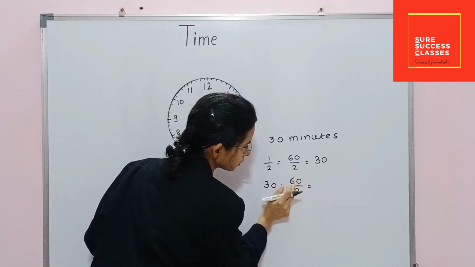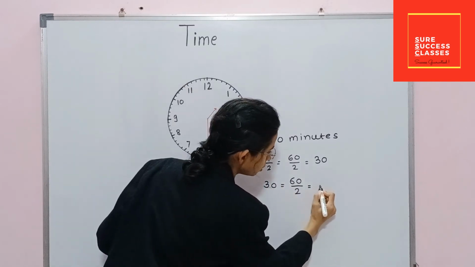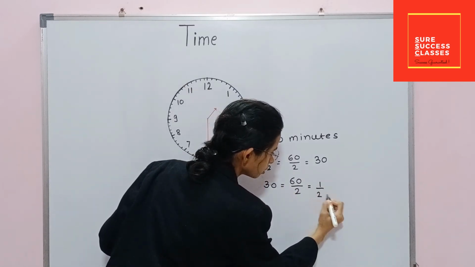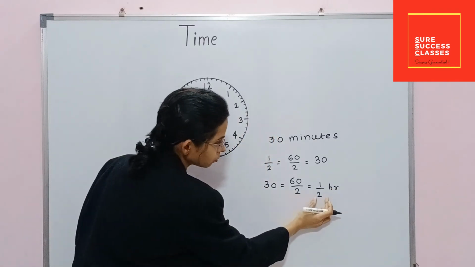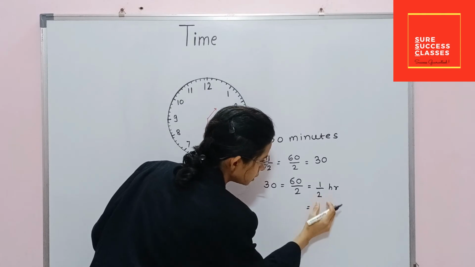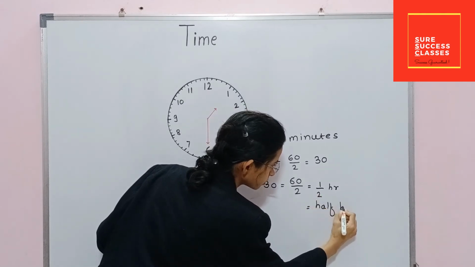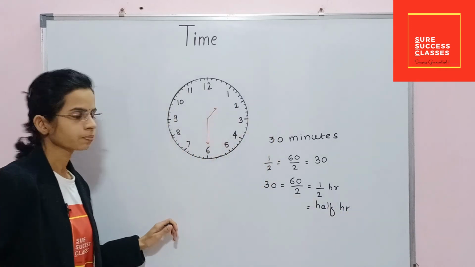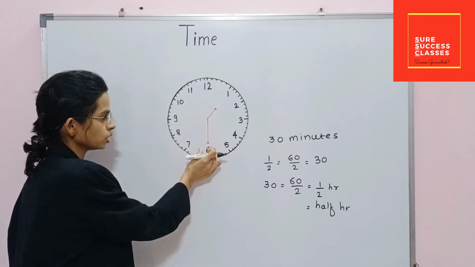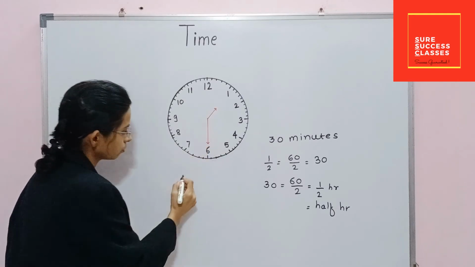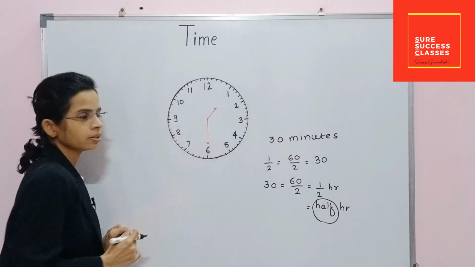This is 1 hour, and so 1 by 2 of this 1 hour is equal to half hour, and we write this fraction in words as half hour.